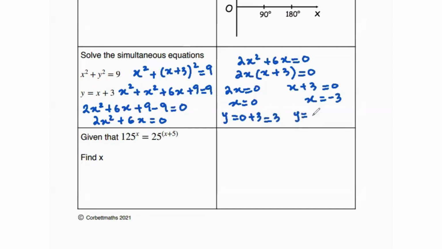And we're going to do y equals negative 3 plus 3, which is going to be 0. So your coordinates are (0, 3) and (negative 3, 0). That is your answer.